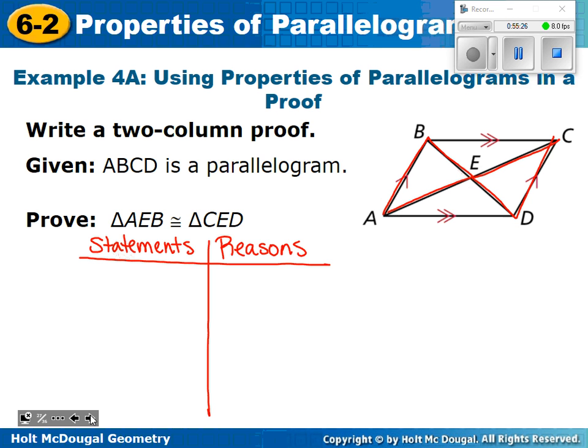What are things that you notice we could mark, that we could write down? Okay, say it again, Edwin. AB and CD. Okay, we can say they're parallel. But if we say they're parallel, how will that help us get some information about these 2 triangles?